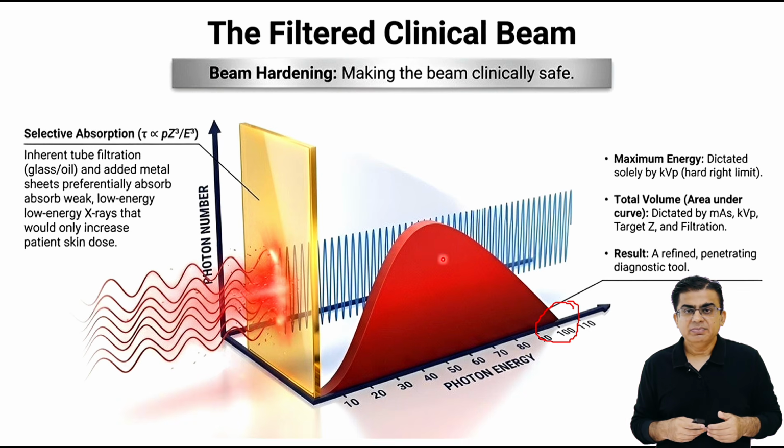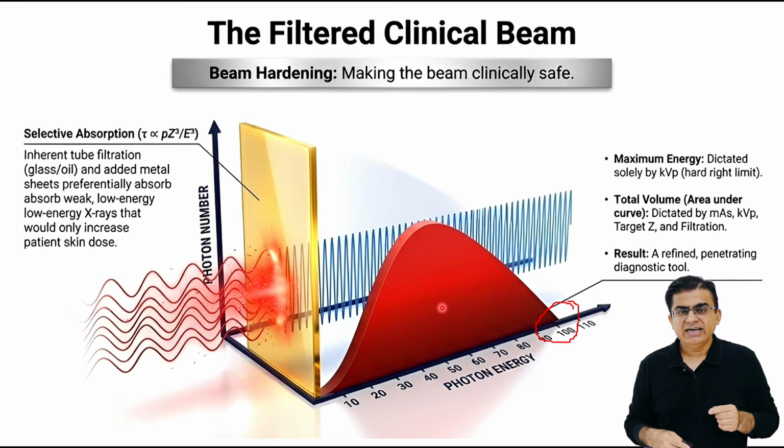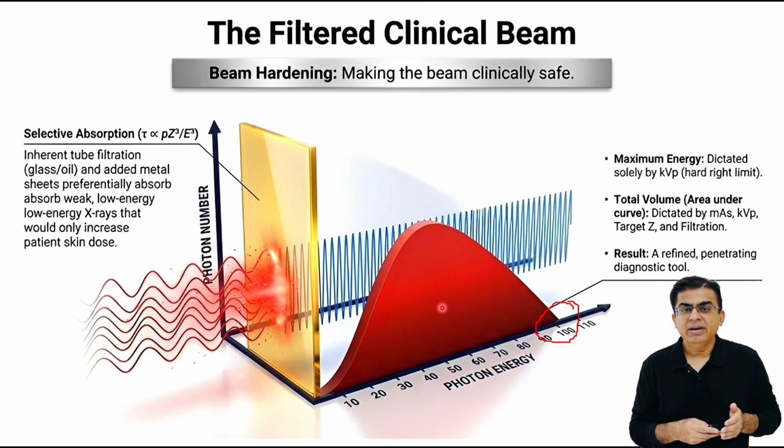This mathematical area represents the total volume or total quantity of useful X-rays produced by your machine. This total volume is dictated by a combination of your kilovoltage, your tube current, your target material, and your added filtration. By understanding and controlling these specific physical factors, you transform a highly raw, unfiltered X-ray beam spectrum into a perfectly safe and penetrating clinical X-ray beam.